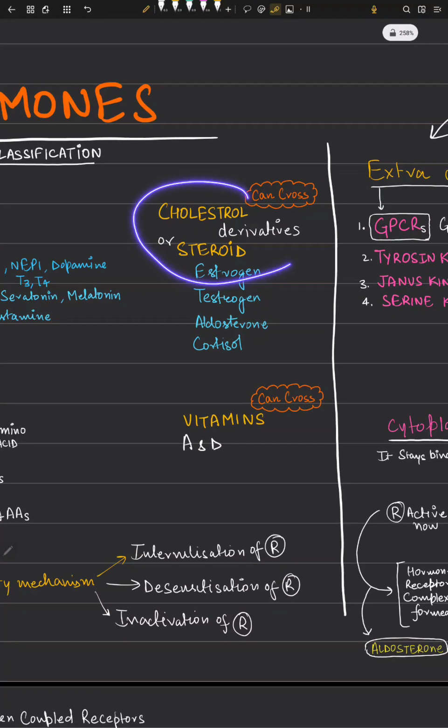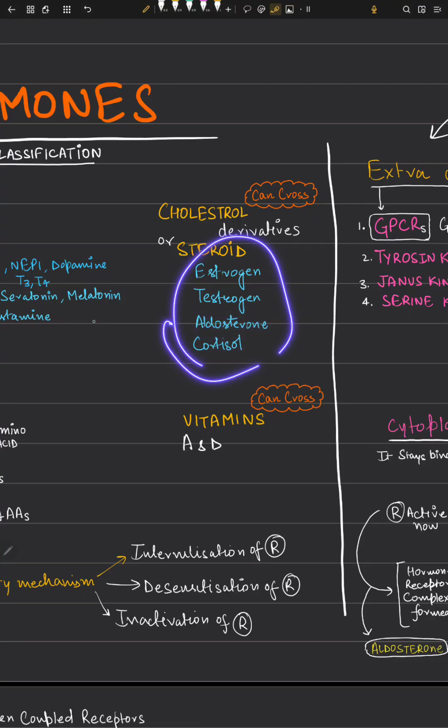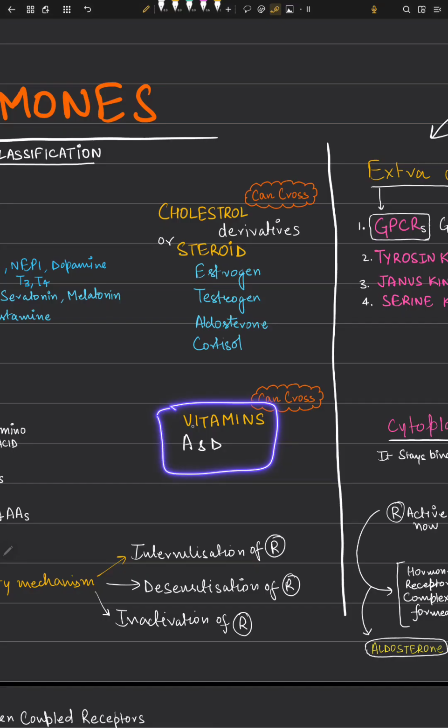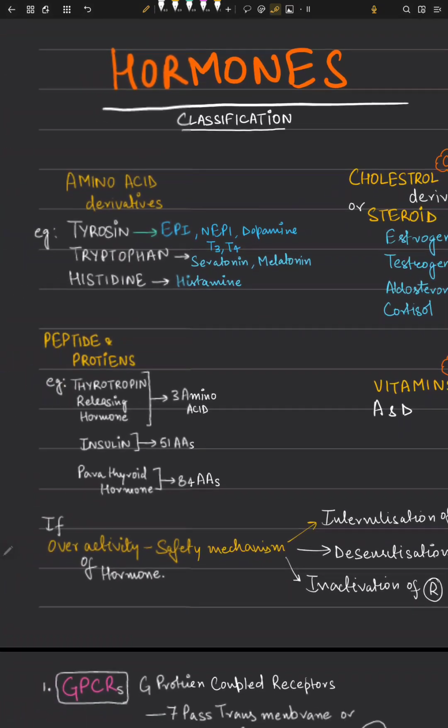So cholesterol derivatives such as estrogen inside your woman, testosterone inside your man, aldosterone, cortisol, the stress one, they can cross the lipid. So it means that their receptors are inside the cell. Cool. For example, vitamins A and D. Cool. These two can cross as well. So their receptors must be inside. Okay.